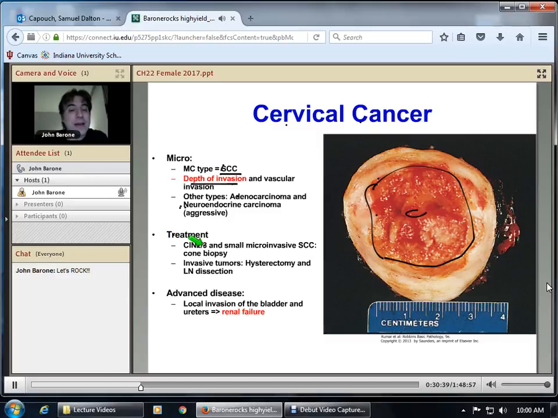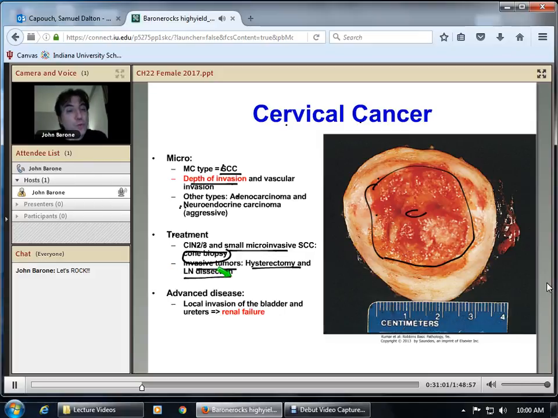Very aggressive, not good. All right, now treatment. For CIN1, we observe. For CIN2, CIN3, carcinoma in situ, and sometimes even small microinvasive tumors, if it's just micro, a small invasion, we use local therapy, a cone biopsy.